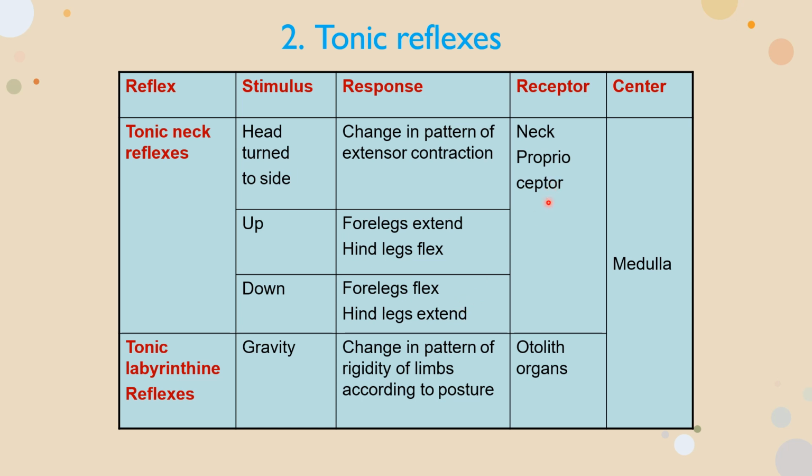For these three responses, the receptor is the neck proprioceptor. For tonic labyrinthine reflexes, the stimulus is gravity and the response is change in pattern of rigidity of limbs according to posture, and the receptor is otolith organs. For these two the center is medulla.